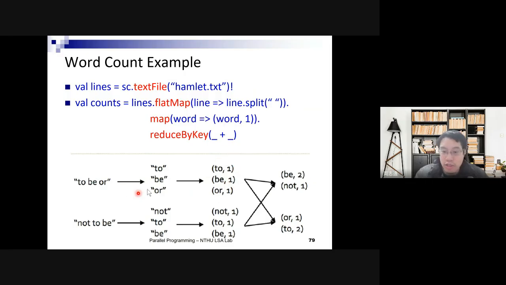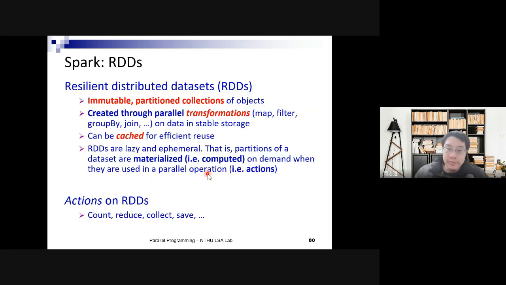So we can always regenerate it from the previous data set. That's why RDD is also resilient. It is resilient to failure because you can always regenerate it from the function of your code.